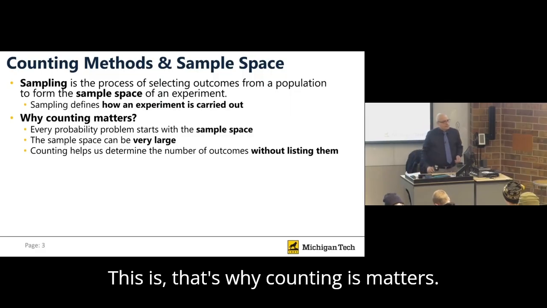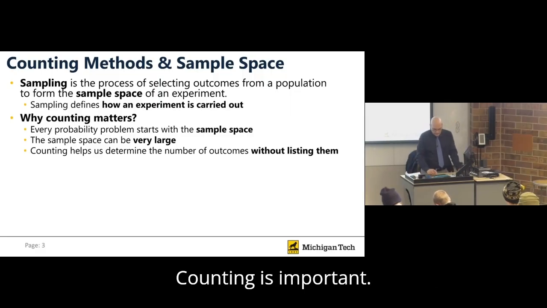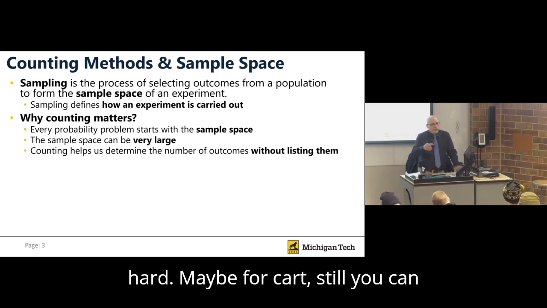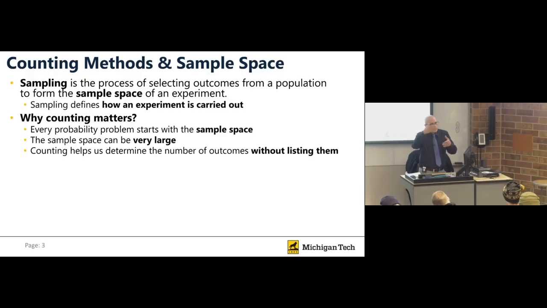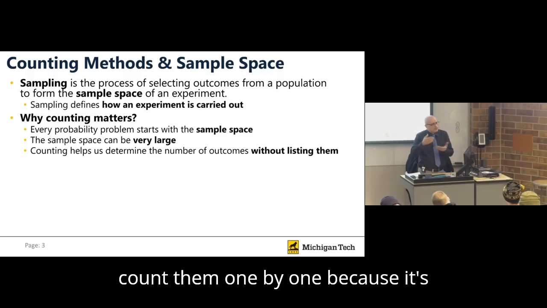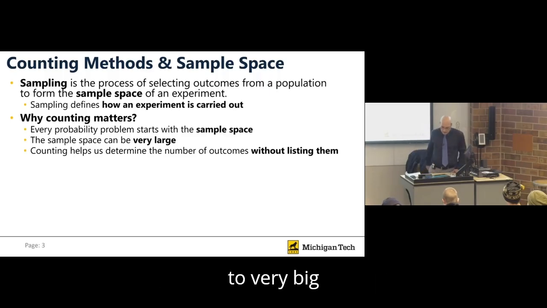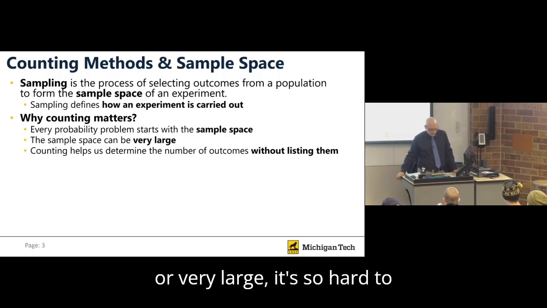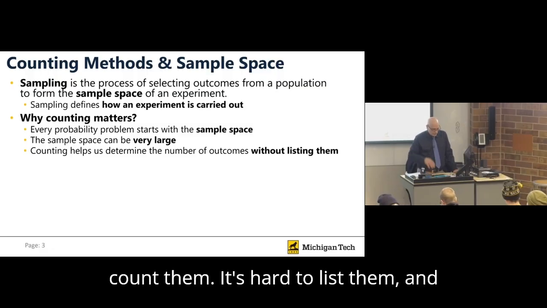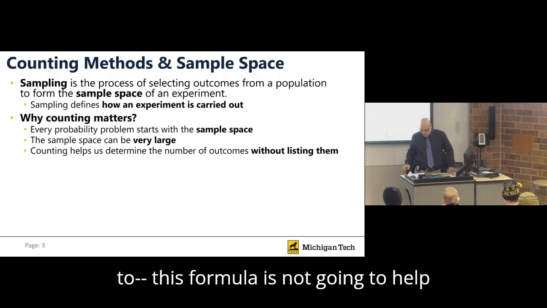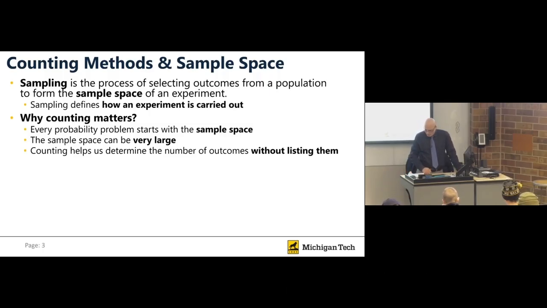That's why counting matters. Maybe for cards you can still count them one by one because it's limited. But if the number is very large, it's so hard to list and count them. So this formula is going to help you.